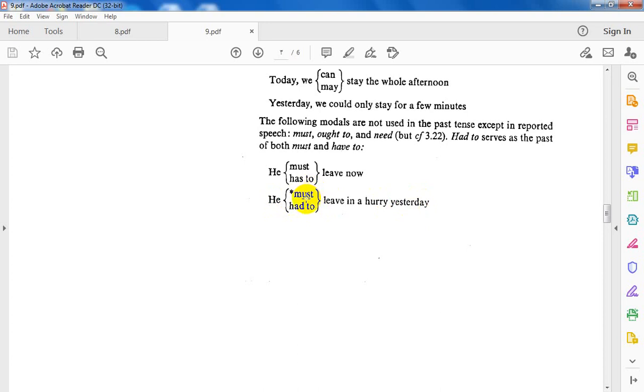Instead you can say he had to leave in a hurry. If I ask you to change the sentence from present to past, he must leave now, you should say he had to leave. He had to leave yesterday.